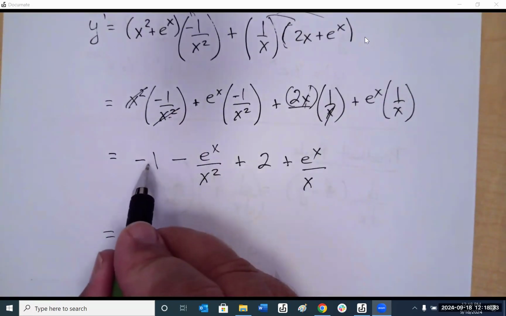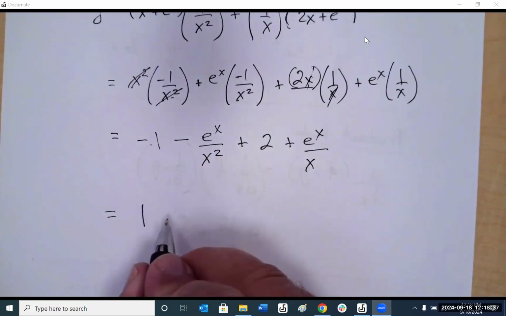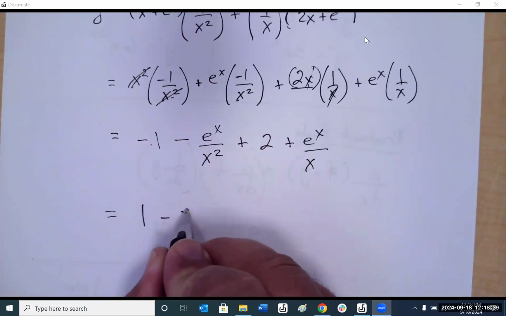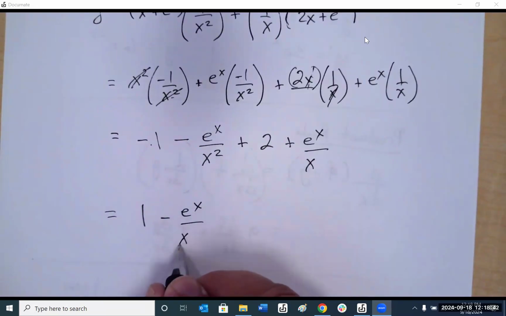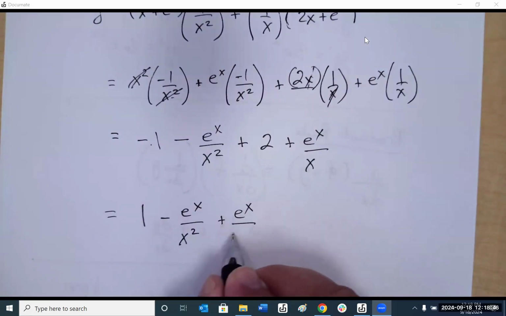Combine like terms. -1 plus 2 is 1. e to the x/x² plus e to the x/x.